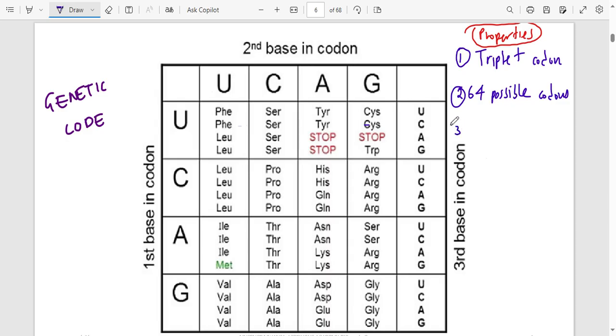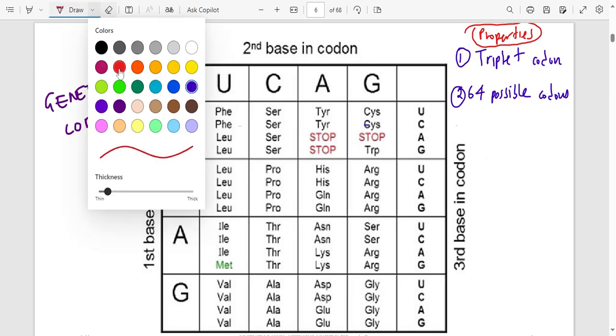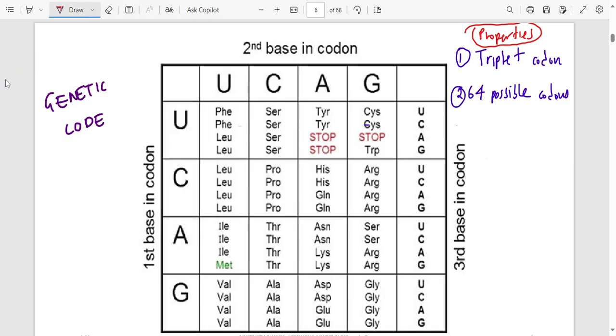And then the third property. Just one thing that I want you to take note of: of these 64 codons, not all of them form amino acids. Of the 64 codons, 61 form amino acids.